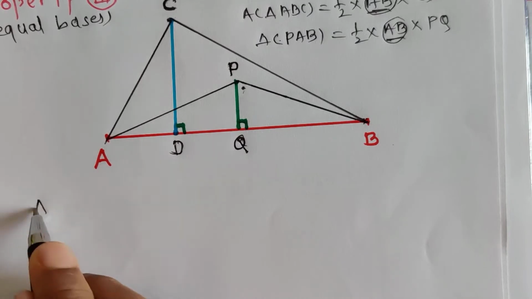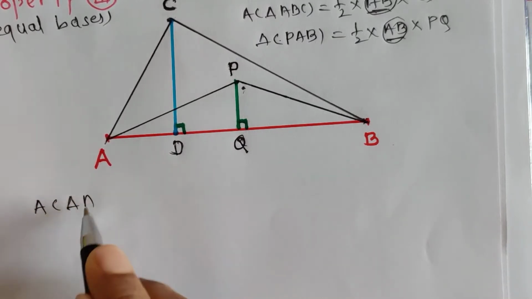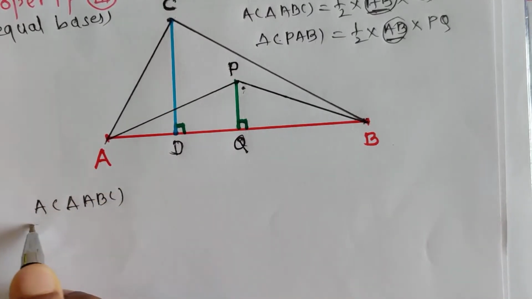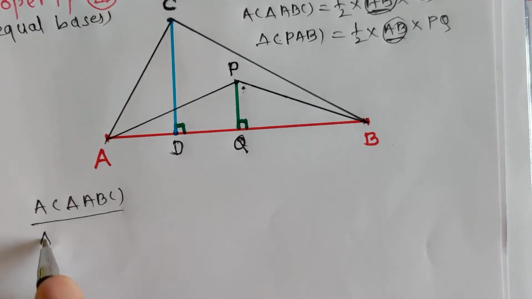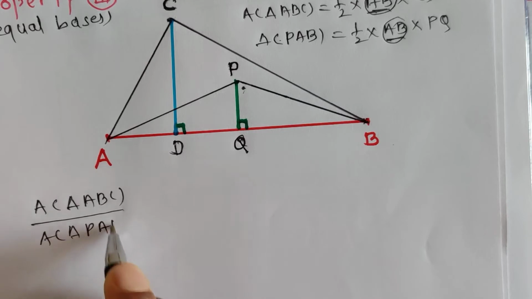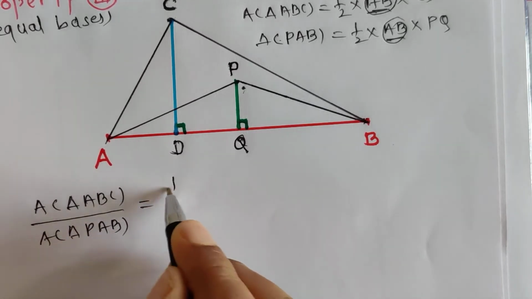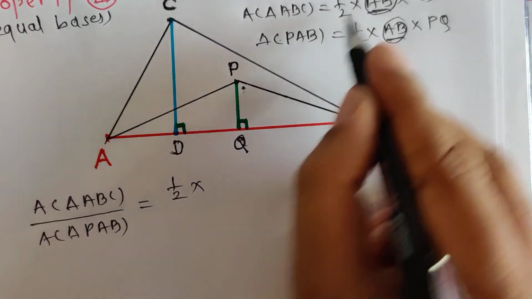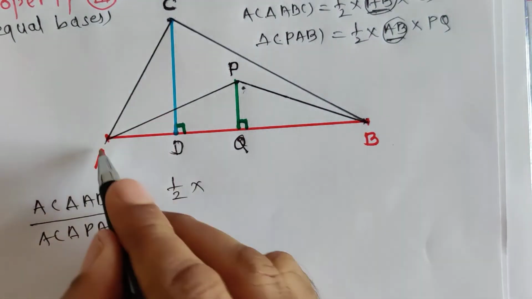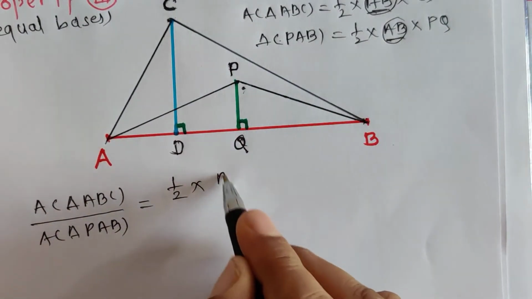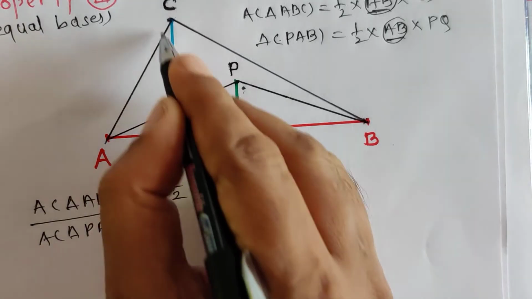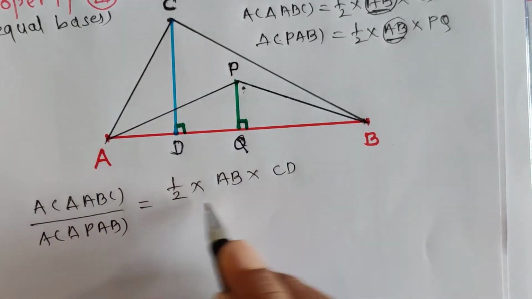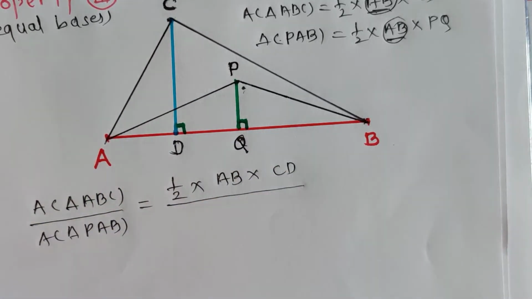If we write area of triangle ABC divided by area of triangle PAB is equal to half into AB base multiplied by CQ or CD is height.